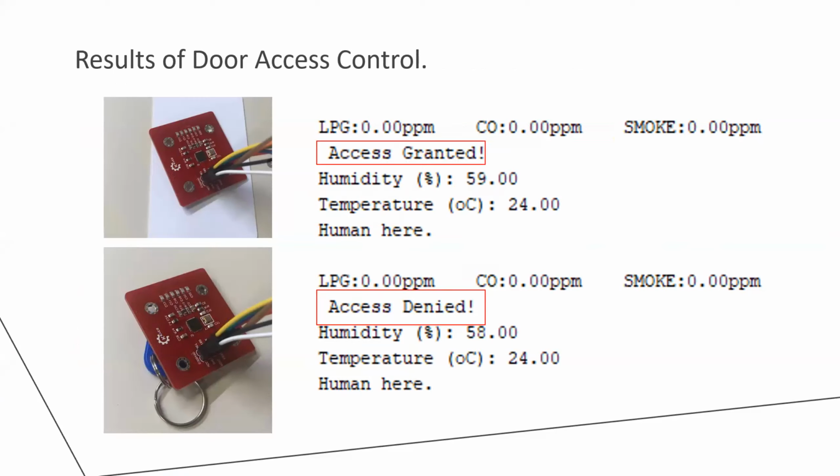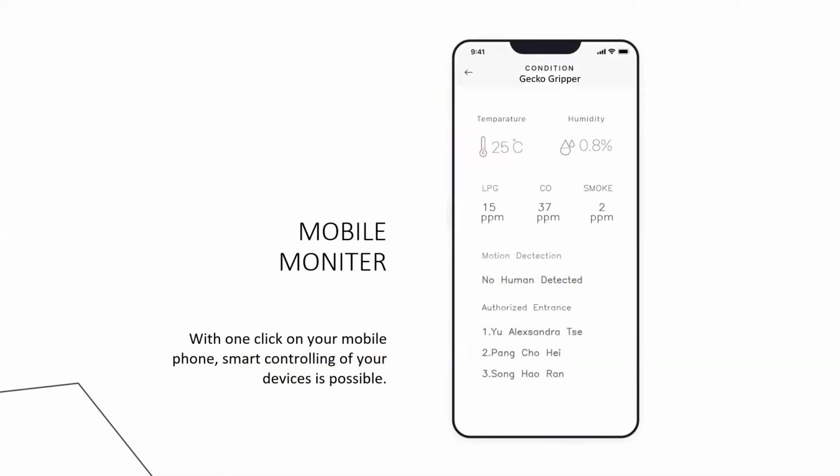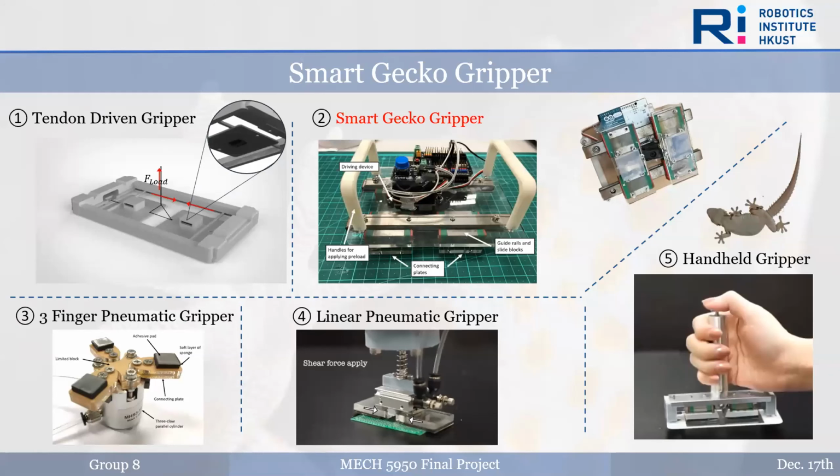When the RFID token is correct, access is granted, and if there isn't any token or the token is not correct, as demonstrated with a paper here, access is denied. Last, we have a mobile monitor that gathers all this information on one screen, so everything can be concluded here. This is the smart gecko gripper in the middle. The other ones are other kinds of grippers that are not smart.